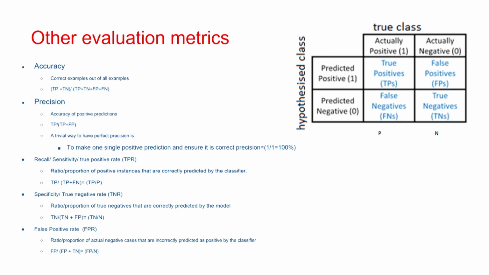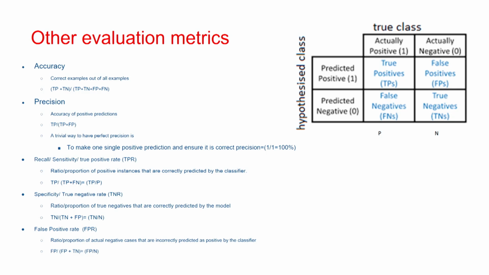So we are talking about all the positive instances, and what proportion of these are correctly predicted. This is true positive upon true positive plus false negative.